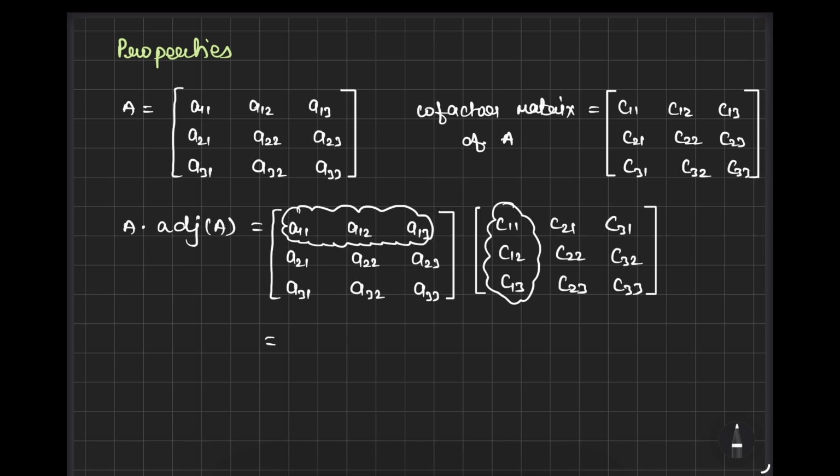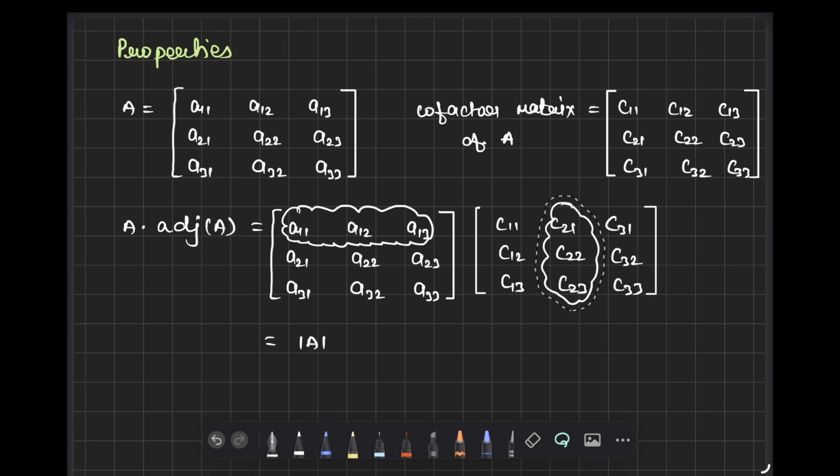So if we multiply the elements of a matrix with their corresponding cofactors, we will get the determinant of the matrix. Correct? So here we will get determinant of A. Now, if we multiply it with some other cofactor like this, we will get 0. If we multiply this with this, we will get 0.